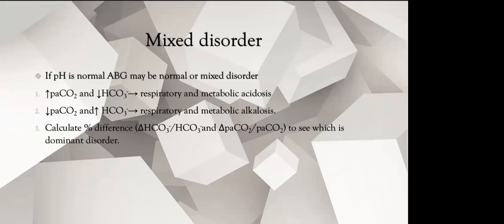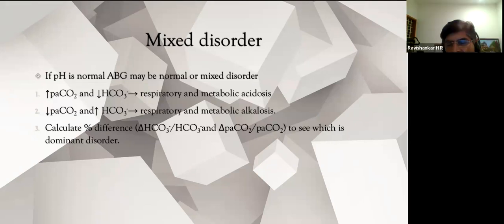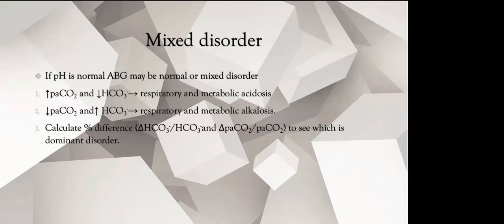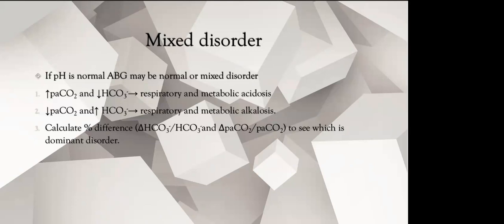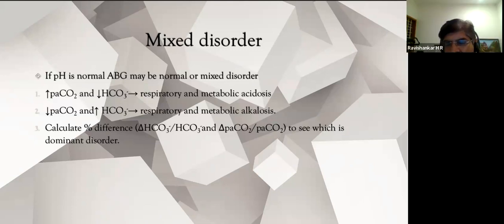Sir, I would like to emphasize one point. A mixed disorder generally represents two independently existing disorders, like respiratory acidosis and metabolic acidosis in the same patient. A patient may have COPD and diabetes, and then develop diabetic ketoacidosis.